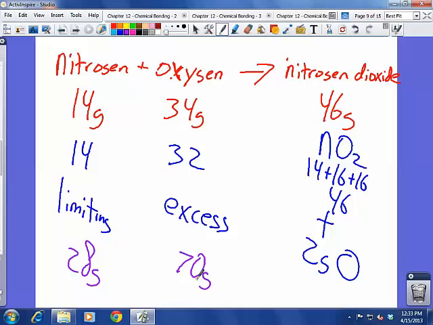I would have made 92 grams of nitrogen dioxide. And what would I have had left over? Okay, not 4 grams, because I'd have 32, so 64. So I'd have 6 grams.